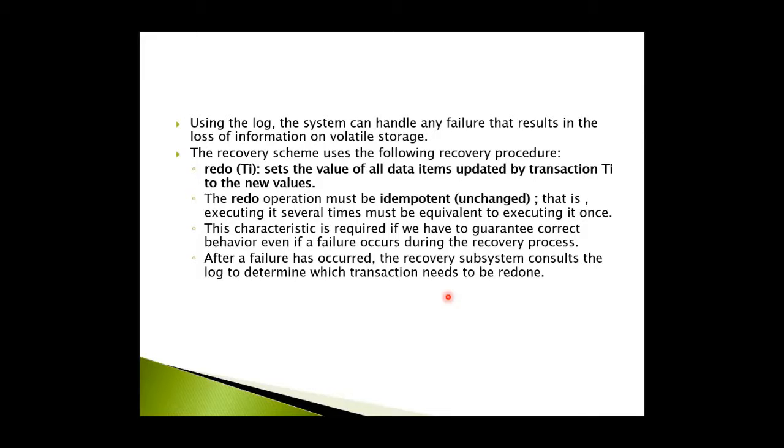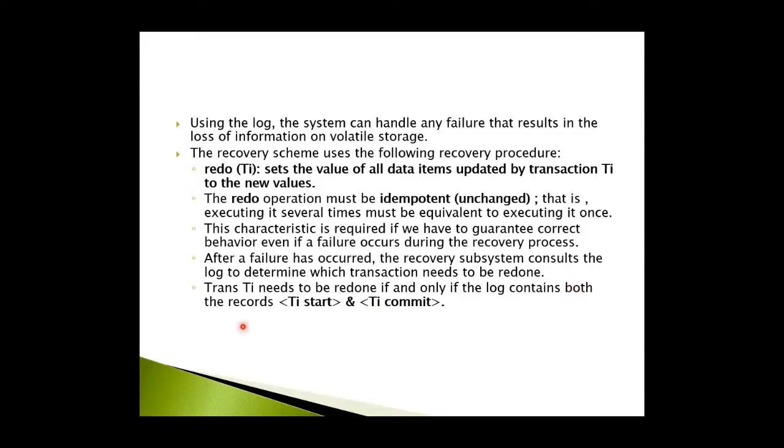If a failure occurs, the recovery subsystem consults the log to determine which transactions need to be redone. Now, how to identify which transaction should be redone? Let us try to understand with an example. Transaction Ti needs to be redone if and only if the log contains both the records, Ti start and Ti commit.